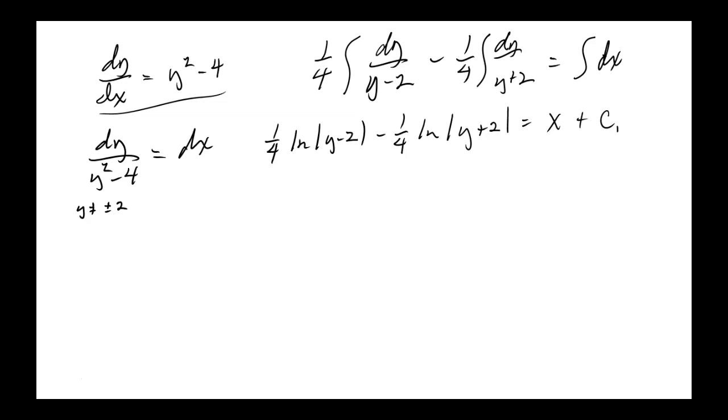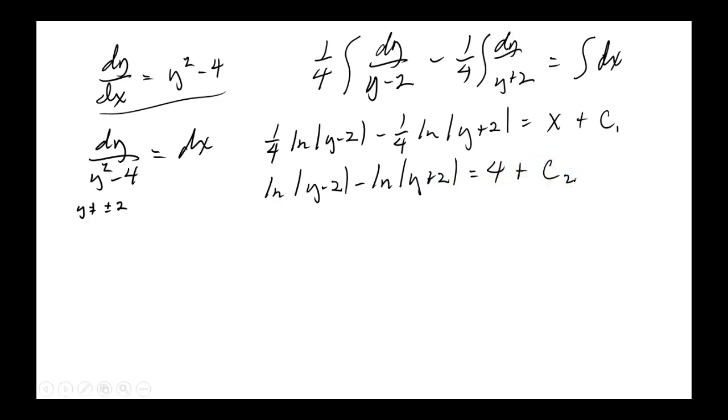Here's what I would suggest that we do next. Factor out the 1/4. Actually, better than that, let's just multiply everything on both sides by 4. Almost everything. So that gives you log of absolute value y minus 2 minus the log of absolute value y plus 2 is equal to 4x plus some other constant.